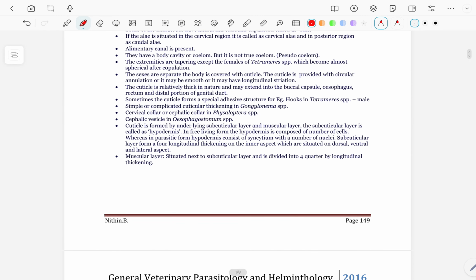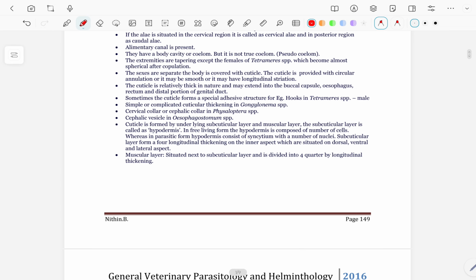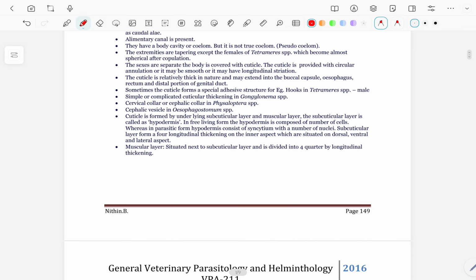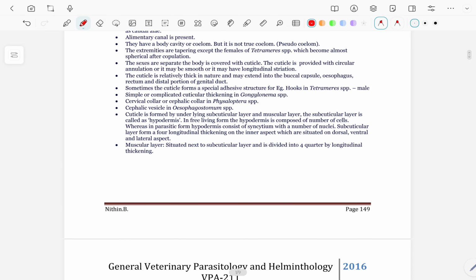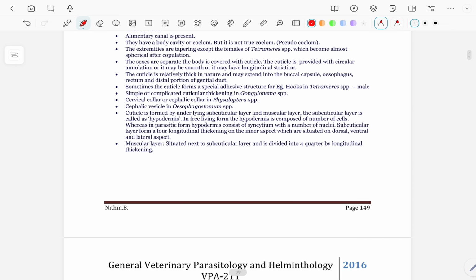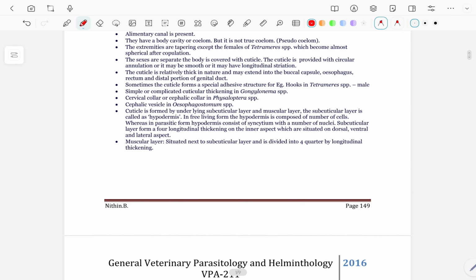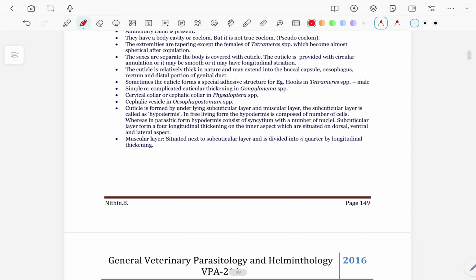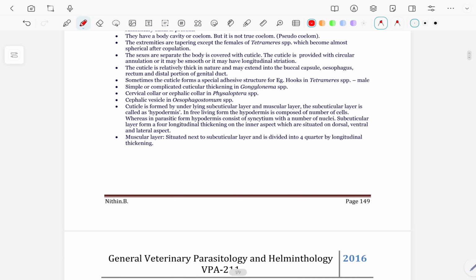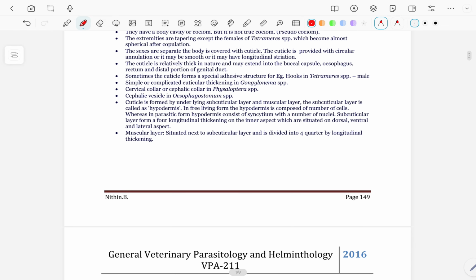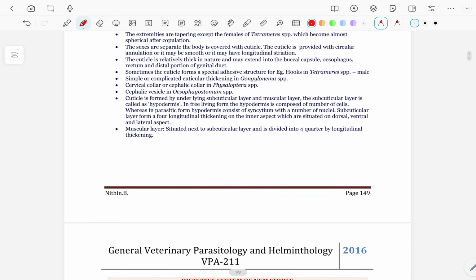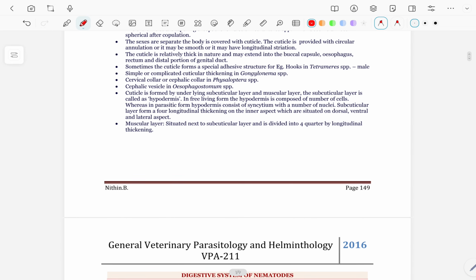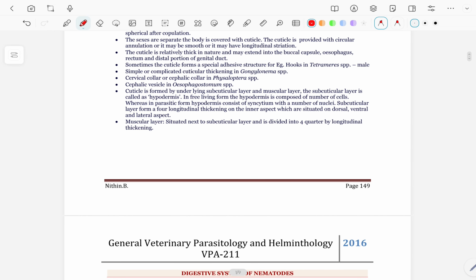The cuticle is provided with circular annulations, or it may be smooth, or it may have longitudinal striations.